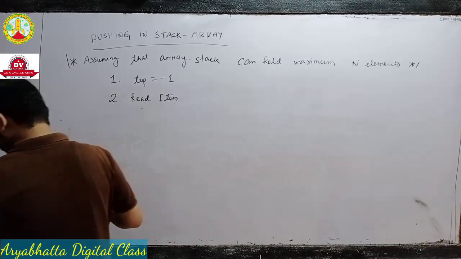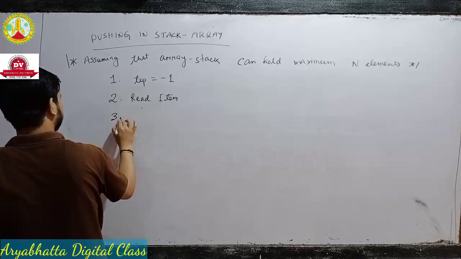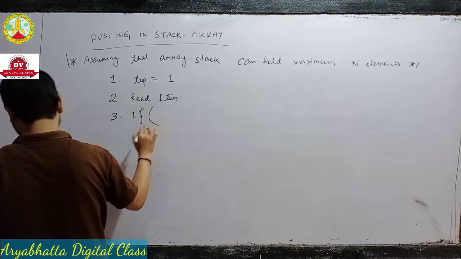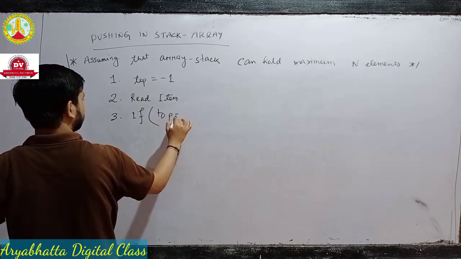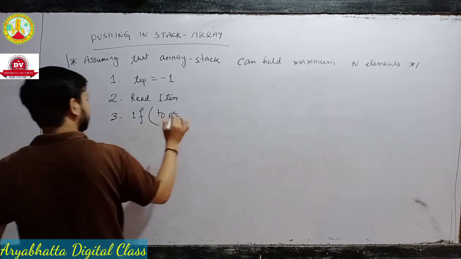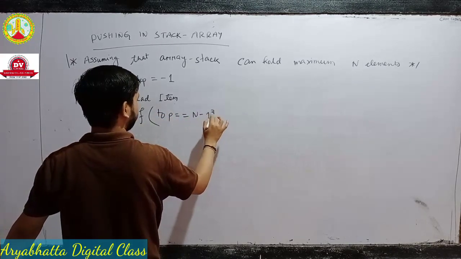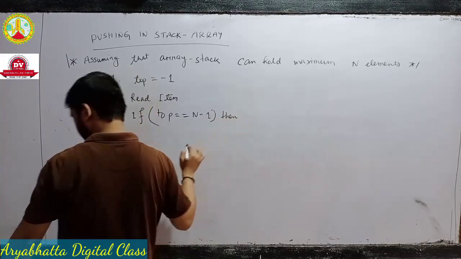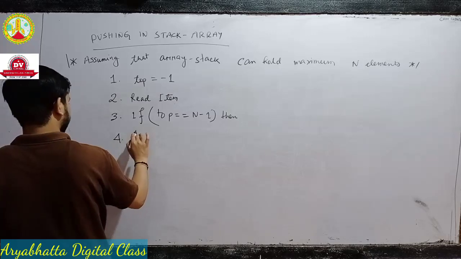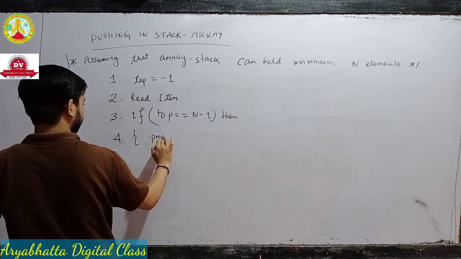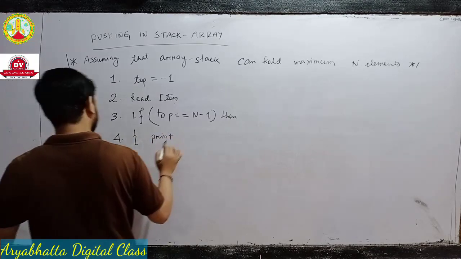Third point: if top is equal to n minus 1, then print overflow.